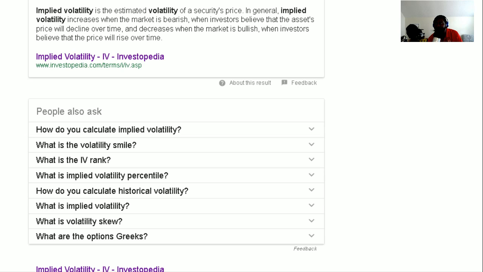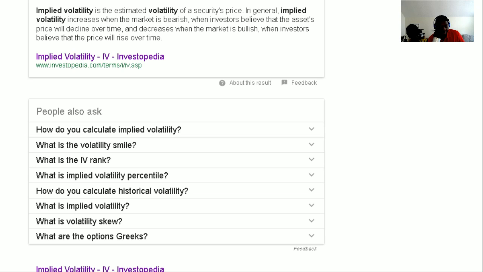Implied volatility is the estimated volatility of a security's price. In general, implied volatility increases when the market is bearish, when investors believe that the asset's price will decline over time, and decreases when the market is bullish, when investors believe that the price will rise over time.